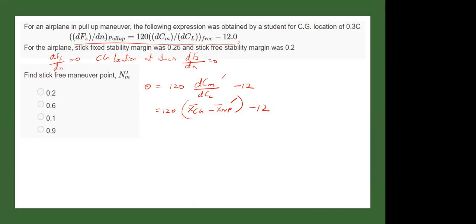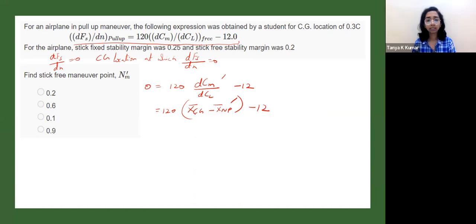Yes. So now we need the CG location at which your DFS by DN becomes 0, which is your stick-free maneuver point. So we need to find X CG here. So what else is unknown? X bar NP prime, that is the stick-free neutral point. How do you find out the stick-free neutral point? Look at the values given to you in the question.